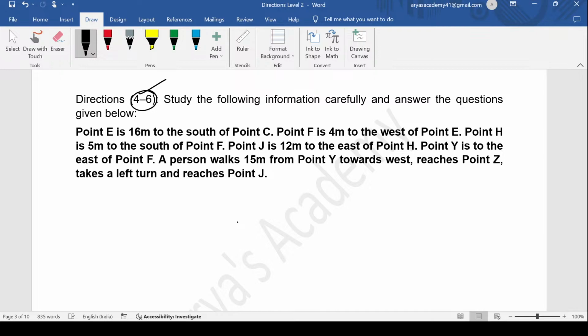You draw a diagram. Try to sort out the entire information and arrive at a diagram from which you can answer all the three questions based on this particular paragraph.